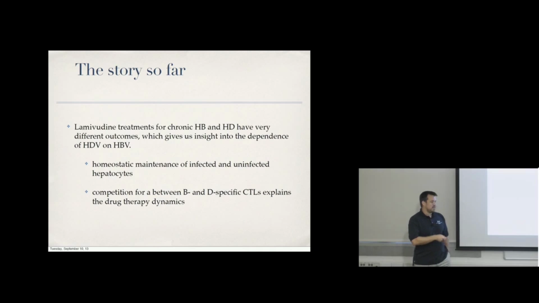There was a long process and more models than I've shown of model selection, trying to get all of the necessary features and determining what had to be included, what was neither here nor there if you included it or not. And it turns out that having this homeostatic proliferation of the hepatocytes is important. You have to have that kind of underlying mechanism going on, and that this competition between B and D specific CTL responses was necessary to get this to happen, unless there's something completely separate that's explaining it.